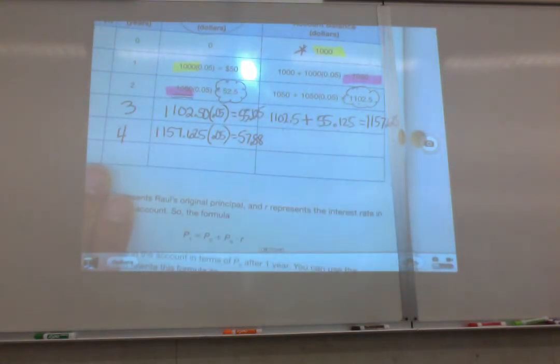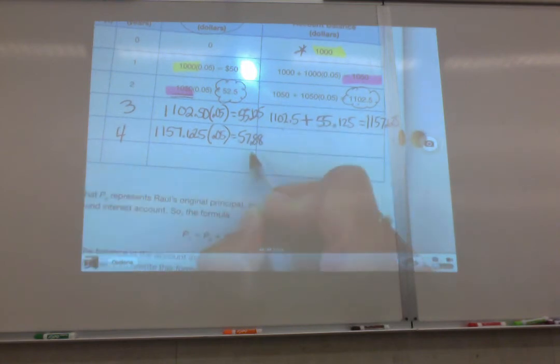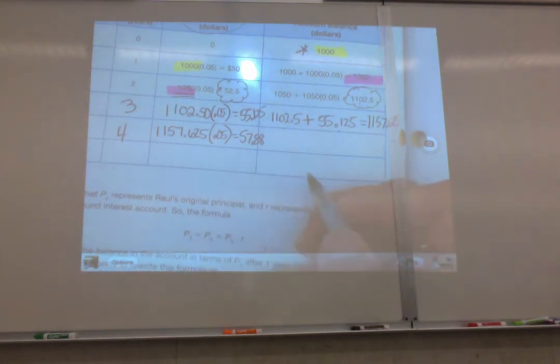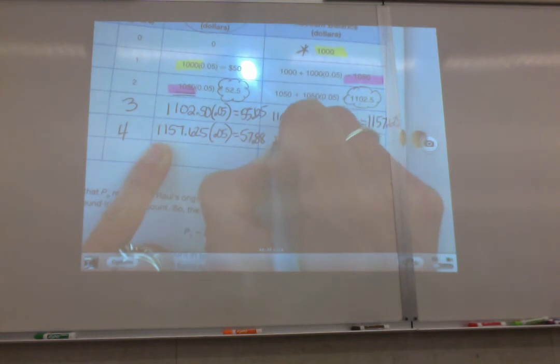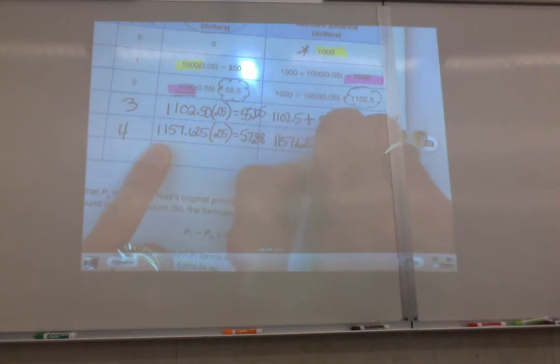125. Okay, so now, again, that's the interest. Every year the bank is going to pay you interest and put it into your account and add it to what's already there. Here's what we started this year with. Now we're going to add the new interest.